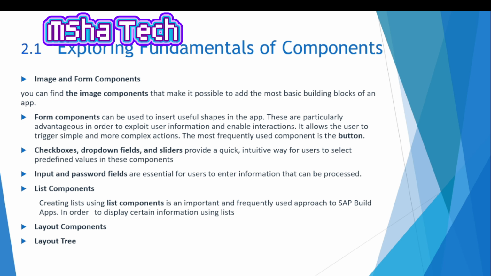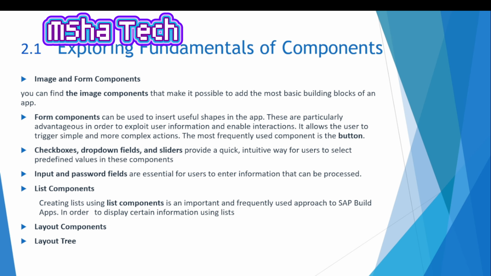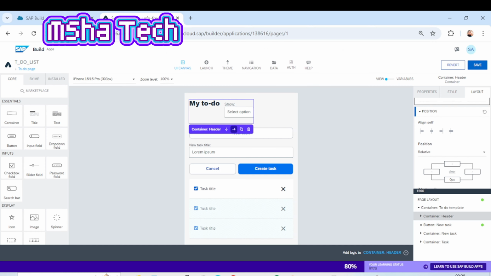Let's move on. This is also a very important section. That is the layout tree. So let's move straight to the system and find what the layout tree is. Here it is.